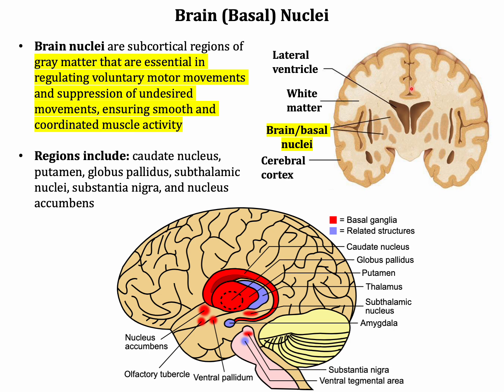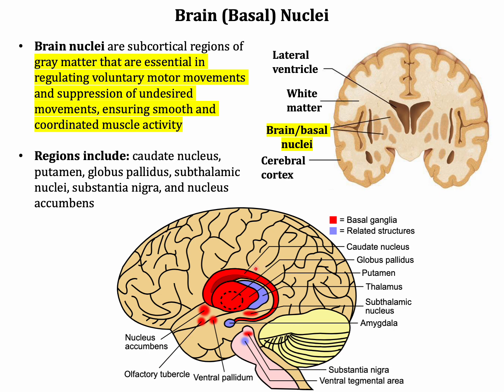Now transitioning to talk about the brain nuclei, what we call the basal nuclei, these islands of gray matter deep in the brain. It includes several different specific areas. There's caudate nucleus, globus pallidus, putamen, subthalamic nuclei, substantia nigra, nucleus accumbens.